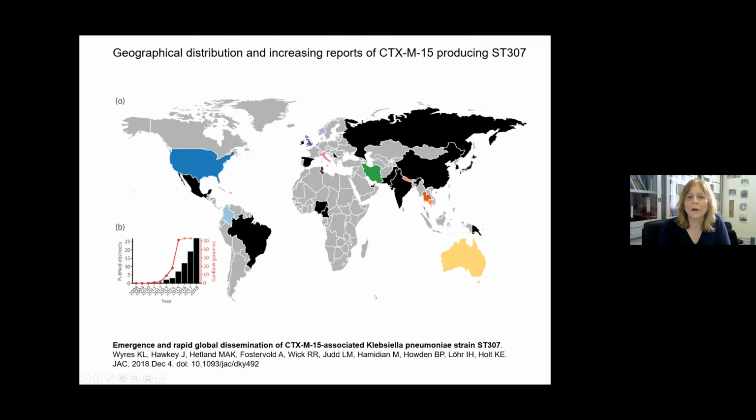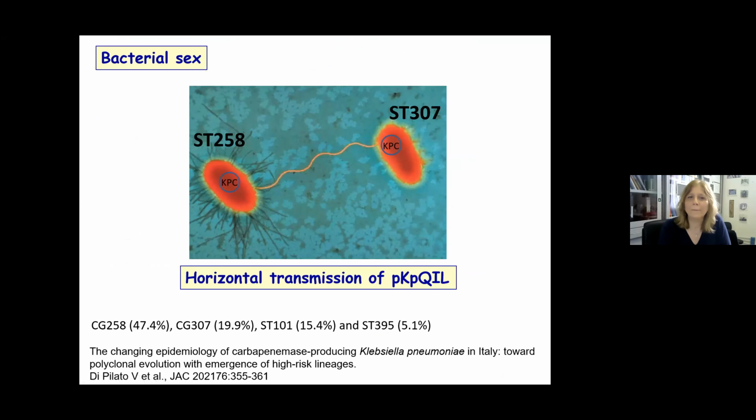And the situation of the 307 producing the extended-spectrum beta-lactamase CTX-M-15 was described also in other countries in the world in the years immediately after our first indication. What happened?